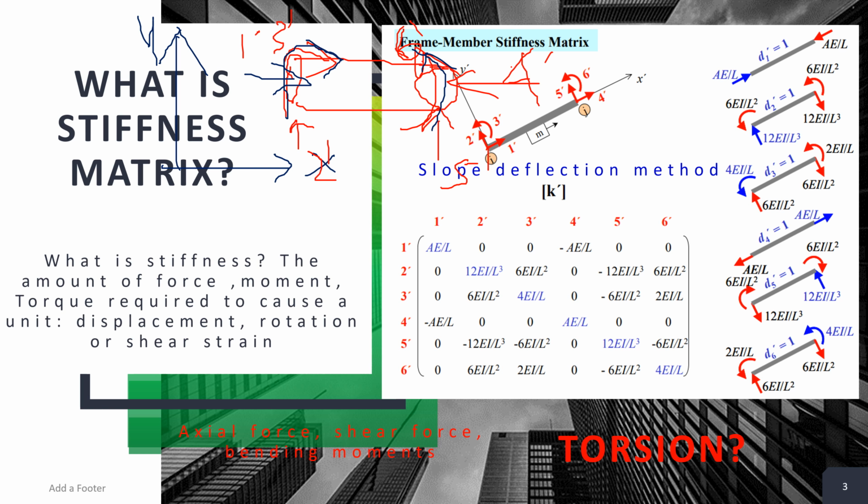So in the axial direction, if you apply an axial load, then the displacement can be calculated as PL over EA.